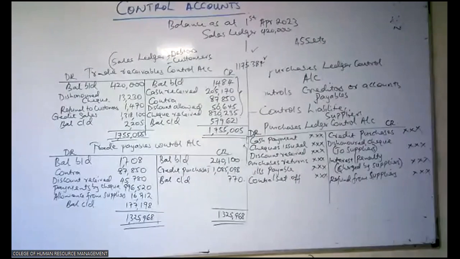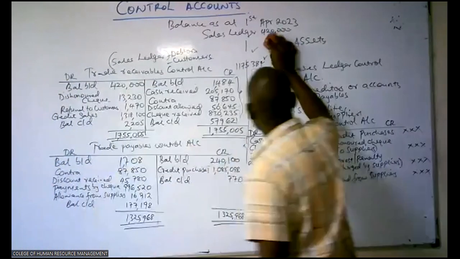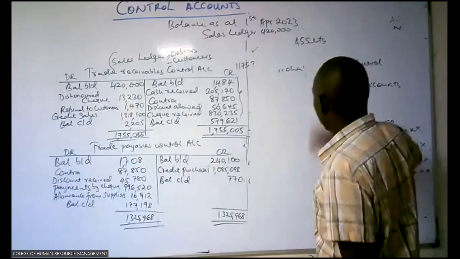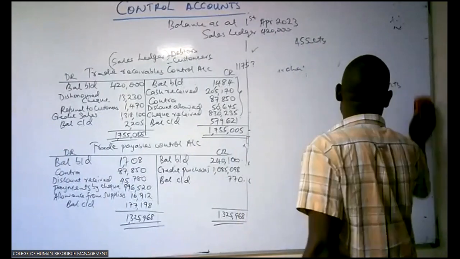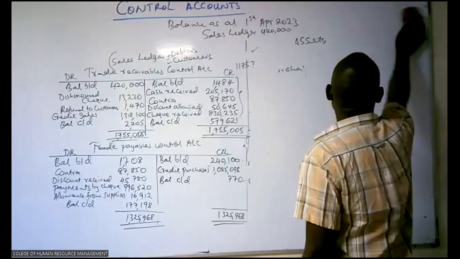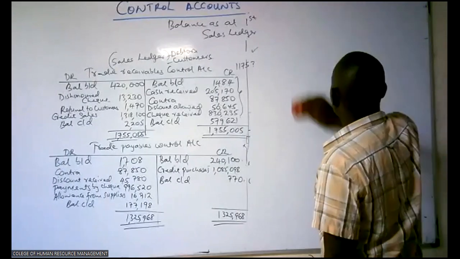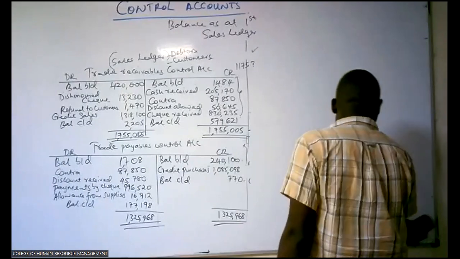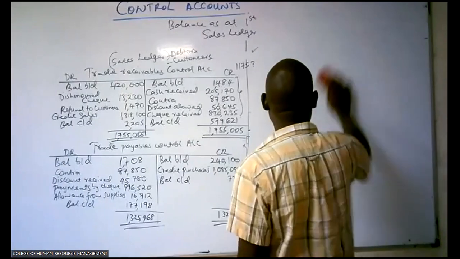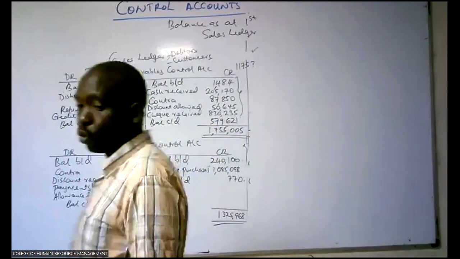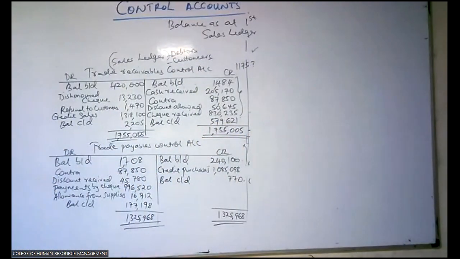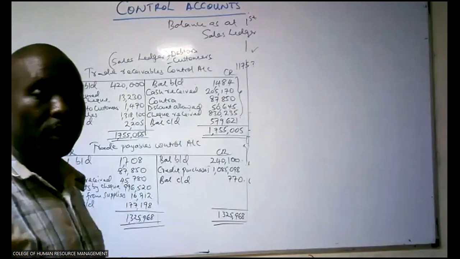I hope you have done the copying. I can do it here for the second question. Question 2, that is the question that will serve as our last question for today.